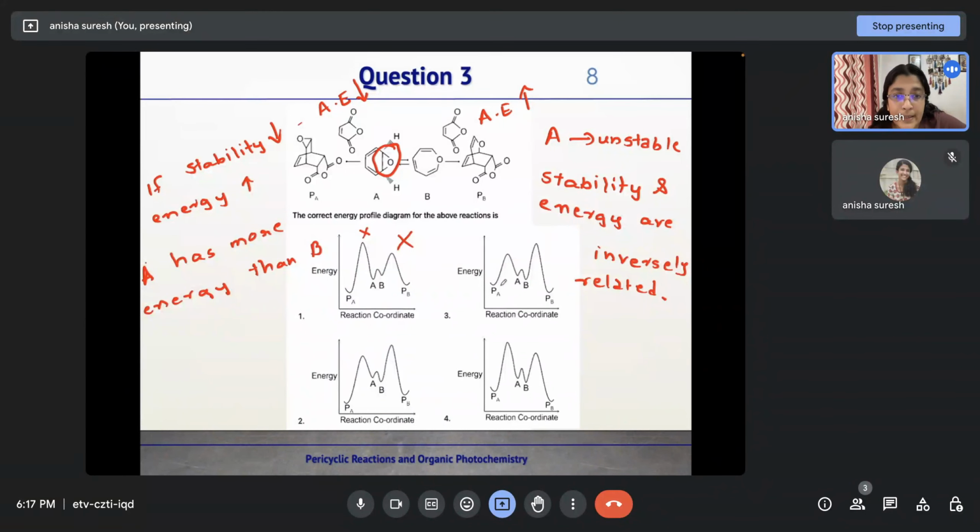So we can see here, this is the activation energy.